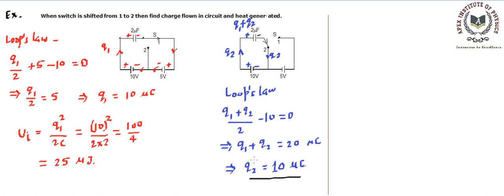Now when we shifted this switch from 1 to 2, this capacitor will have another energy stored. So the energy stored finally on the capacitor is equal to the charge on the capacitor, which is Q1 plus Q2, square, divided by 2C. Now C is again 2, so 2 into 2. Now this Q1 plus Q2 we just calculated was 20, so it's 20 square divided by 2 into 2.